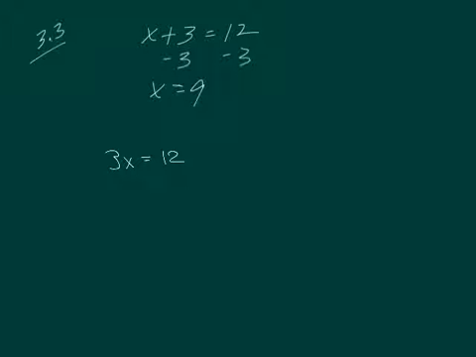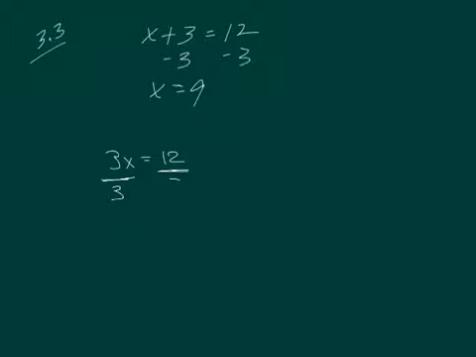So just like we did up here, in order to get rid of the plus 3, we subtracted 3 from both sides. In multiplication, in order to get rid of a number multiplied by an x, we divide the entire left side by 3, not just part of it.